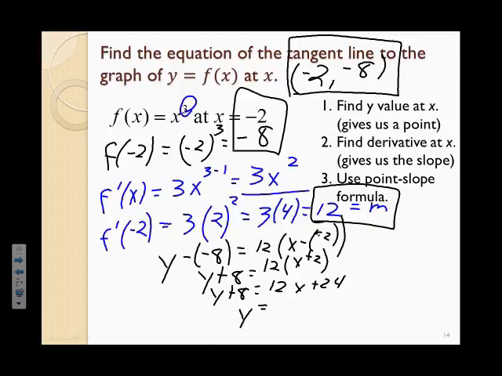So our y is going to be equal to 12x, and we subtract 8 to get 16. So that's our answer. The equation of the tangent line will be y is equal to 12x plus 16. So it's, again, applying what we've already done to something that we've done in the past.